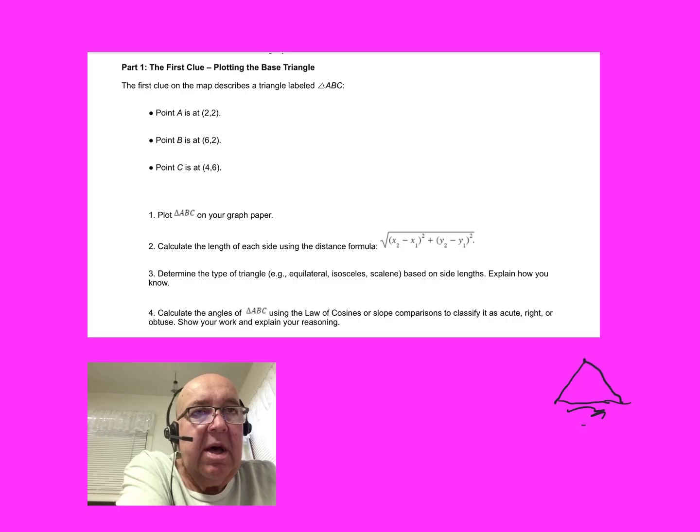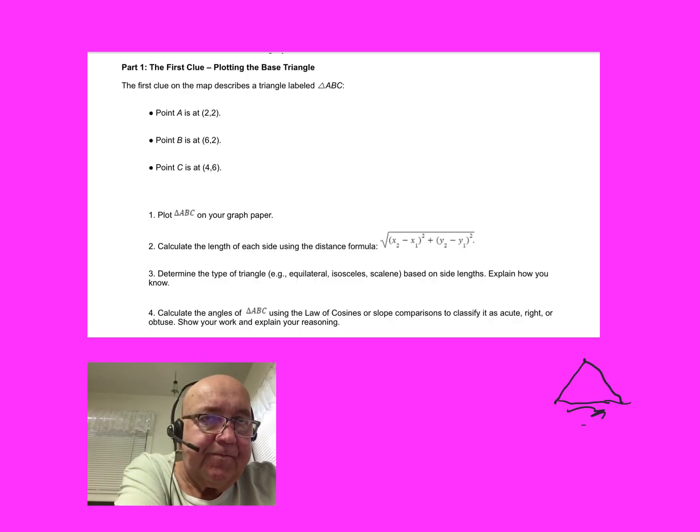For that horizontal line, you can simply count the units to get the length of that side. Then you want to determine, based upon those side lengths, is the triangle equilateral, meaning all sides are the same? Is it isosceles, meaning that two sides are the same? Or scalene, meaning that no sides are the same?